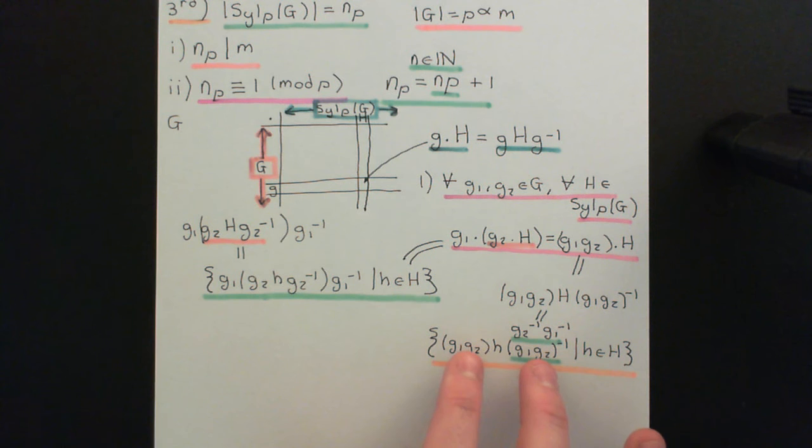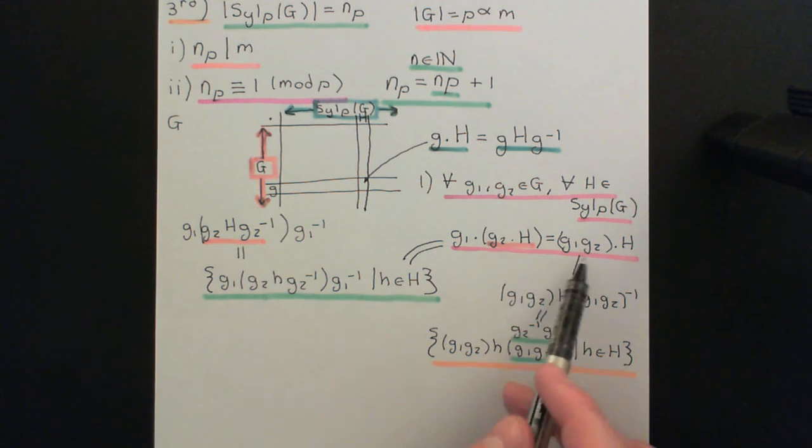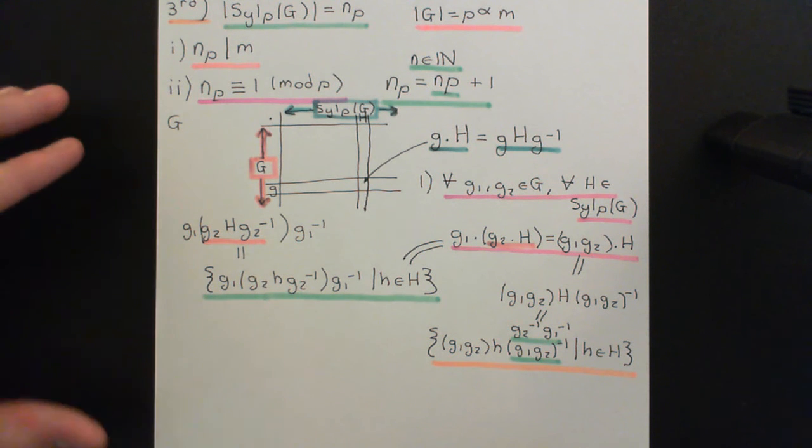Okay, so this thing is equal to this thing, whatever little h you're working with. Okay, so for all little h in the subgroup capital H, this thing will equal this thing, and therefore these two subgroups that you end up with will be identical to one another, so the two sides of this equation will match up. Okay, so axiom number 1 of a group action then is going to be satisfied.